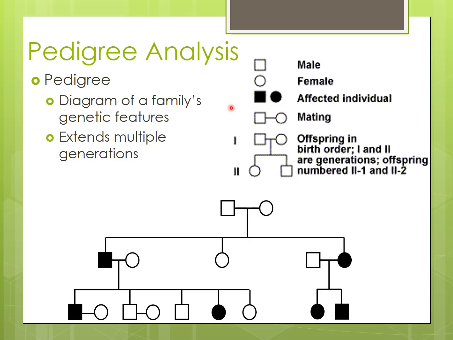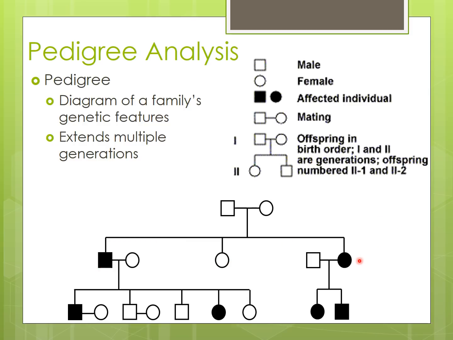We describe mating relationships by horizontal lines connecting the males and females together, and then we talk about their offspring. As you can see, as a product of this mating, you have a horizontal line showing these siblings. So you have the male here and his two sisters.